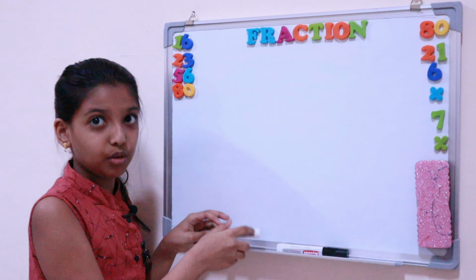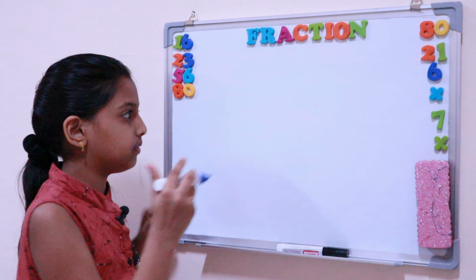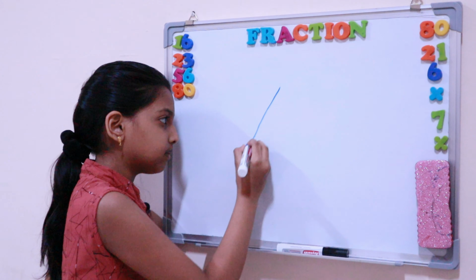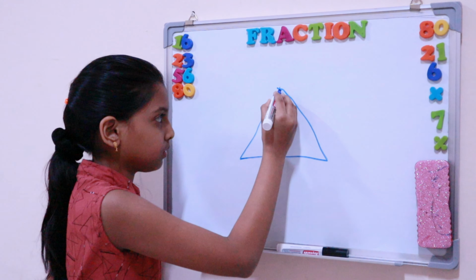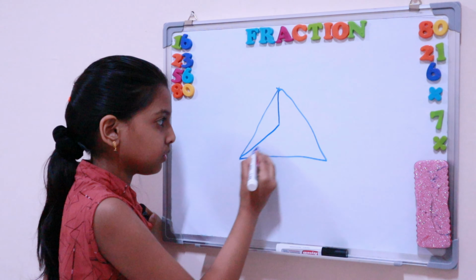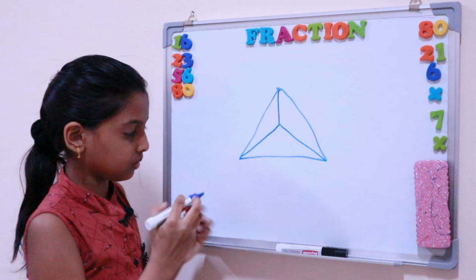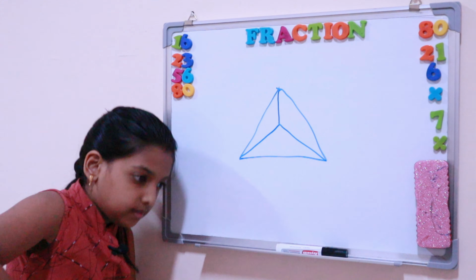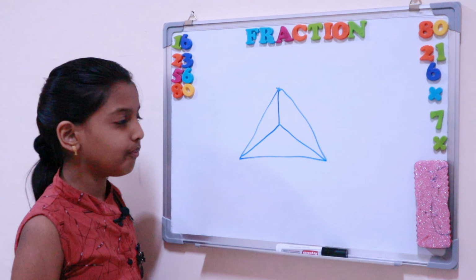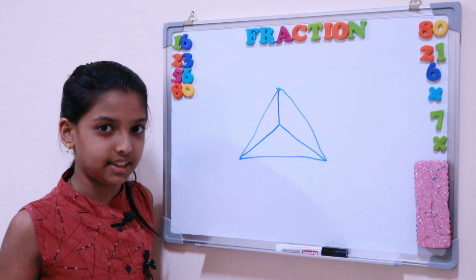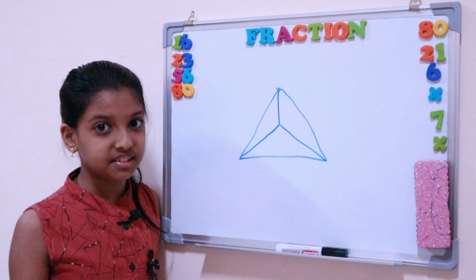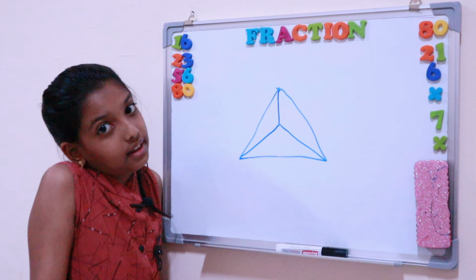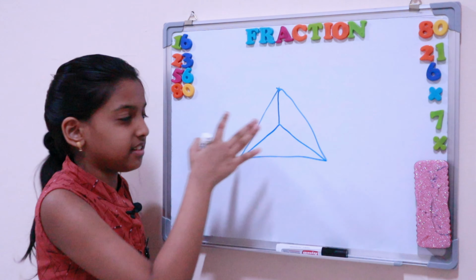Now I'm going to talk about 1/3. So, the definition of 1/3 is, when an object is divided into 3 equal parts, each equal part is called 1/3. For example, this is a triangle.